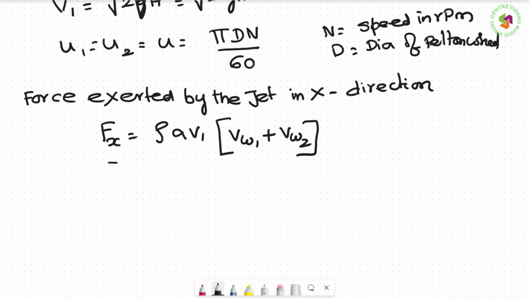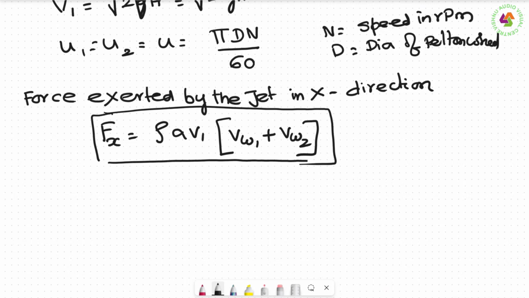Kindly check it. We don't need to derive it again here. There we derived rho A V1 into (VW1 plus or minus VW2). When beta is less than 90, it is plus; when it is equal to 90, VW2 is 0; when greater than 90, it is minus. But now here beta is less than 90, so we can straight away put rho A V1 into (VW1 plus VW2).